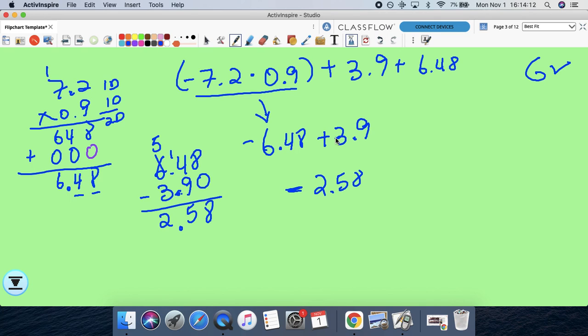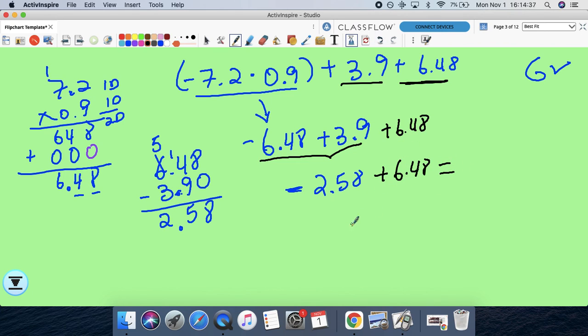Okay, and then don't forget our last part. Right, so we took care of this guy. Now we got to do plus 6.48. So let me write that. We have to write it down here. So these two is equal to that. So again, we have a negative plus a positive. Who's going to win, right? They're not friends. So the positive is going to win because there's bigger absolute value.